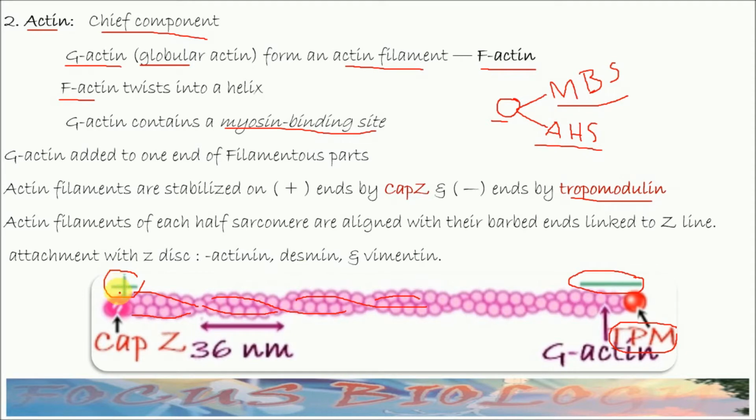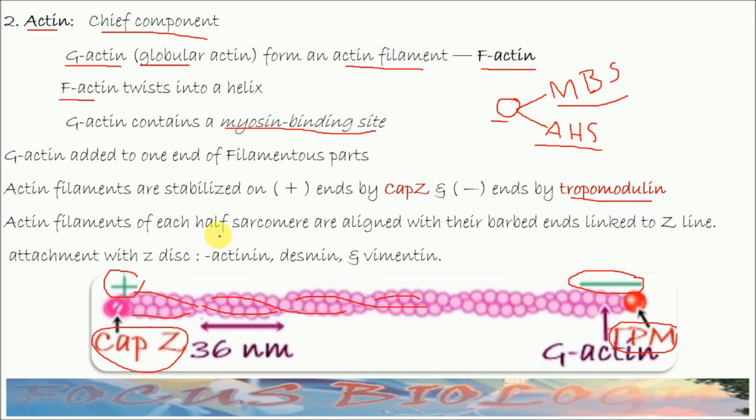At plus end, CAPZ protein is formed. So this actin filament is stabilized by two proteins. One is CAPZ protein on plus end and another is tropomodulin on minus end.